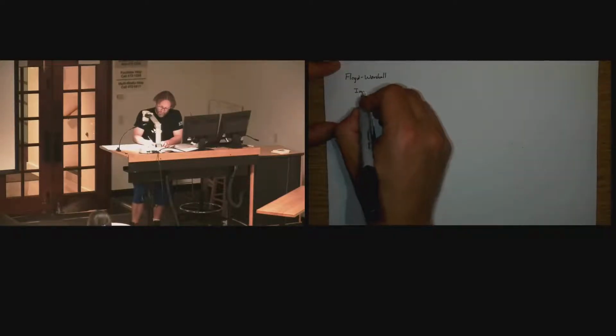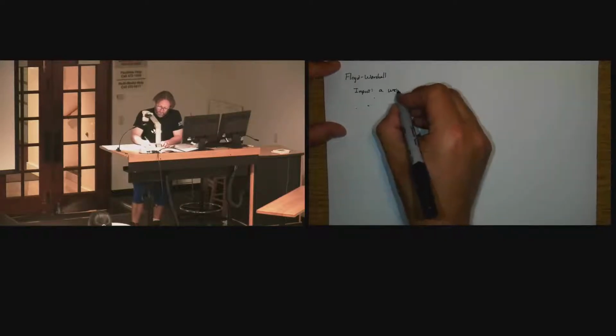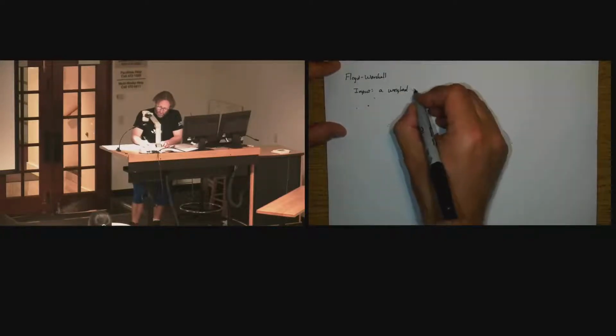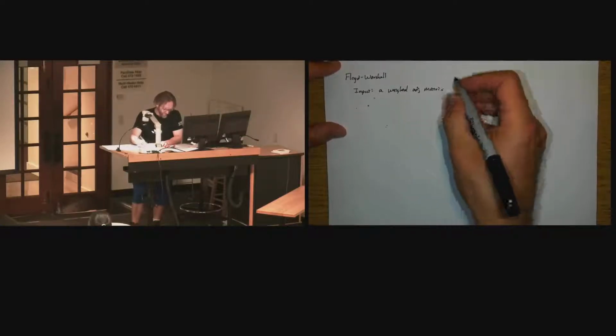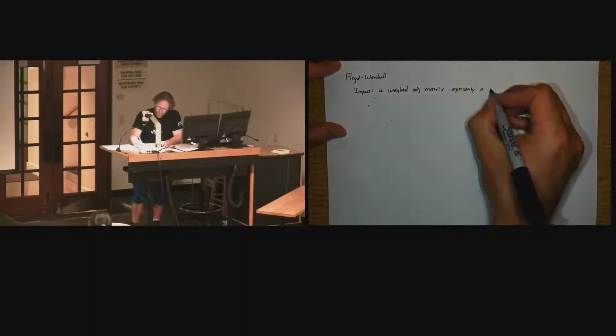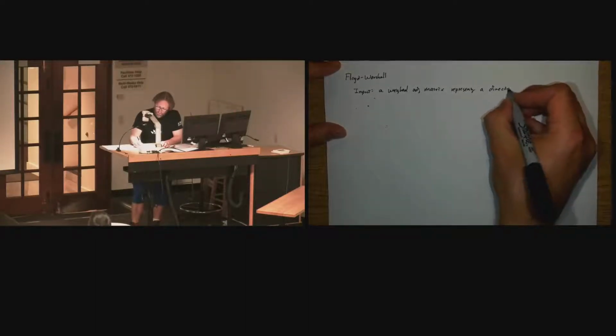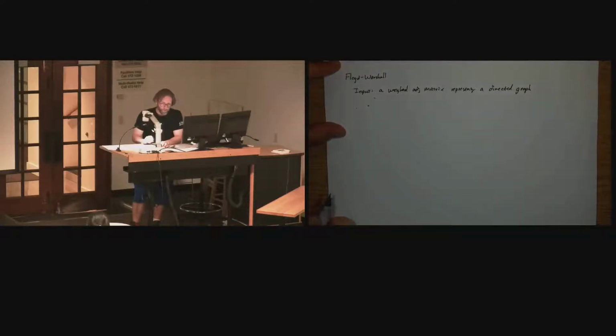Our input will be a weighted adjacency matrix representing a directed graph. And by the way, it will work just as well with an undirected graph. It's just that that matrix is going to be symmetric.